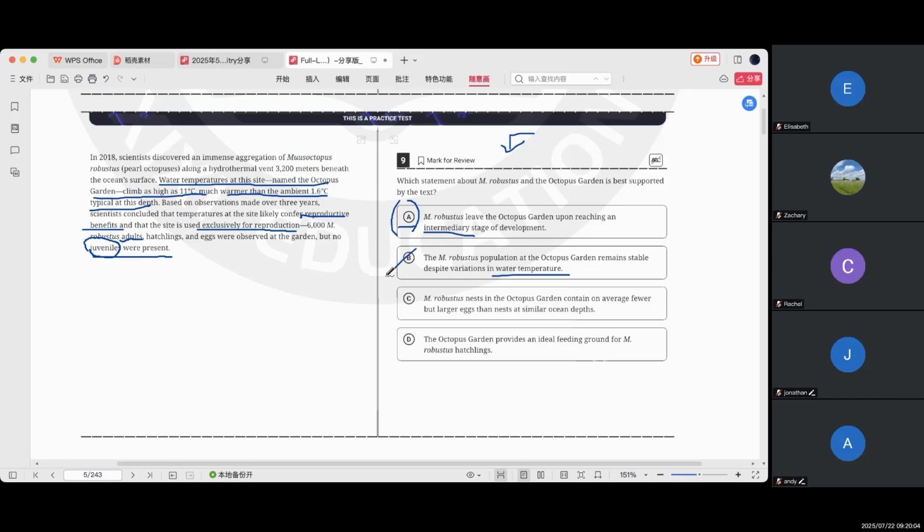So B is definitely wrong. And then C and D just don't make sense, and I think none of you chose C and D, so we're just going to skip that. B is wrong because if water temperature changes, those octopuses are probably going to leave. So that's why A is the better choice.